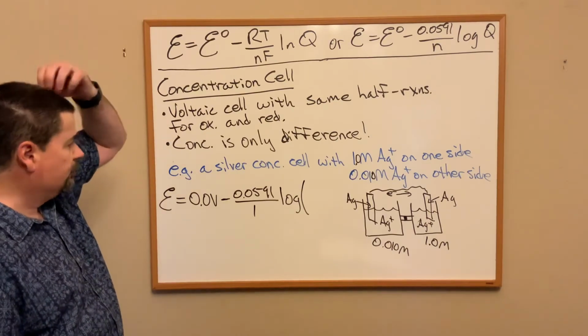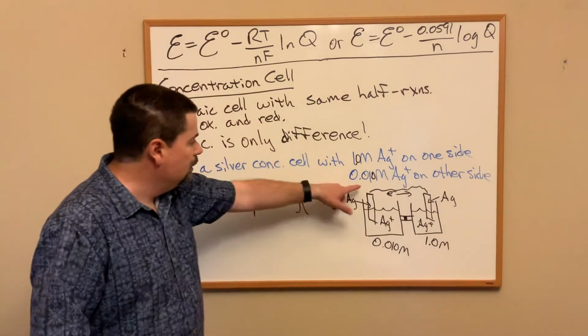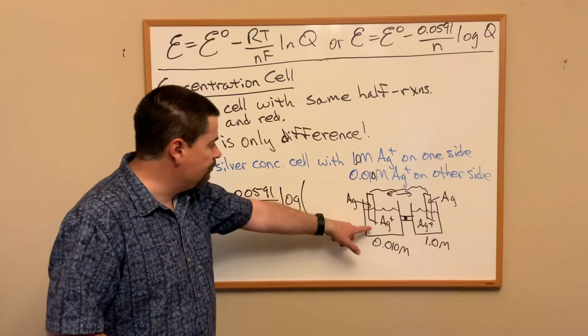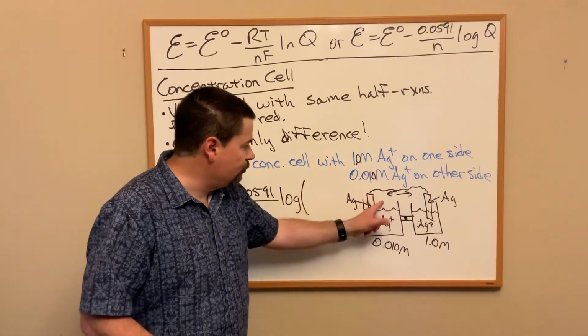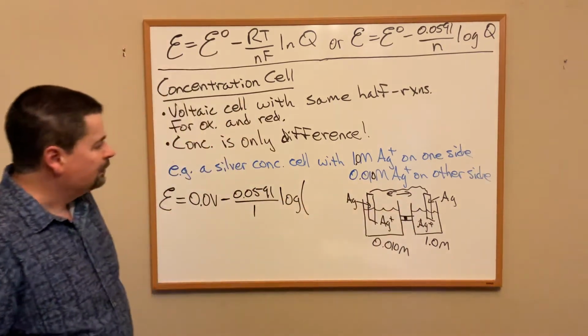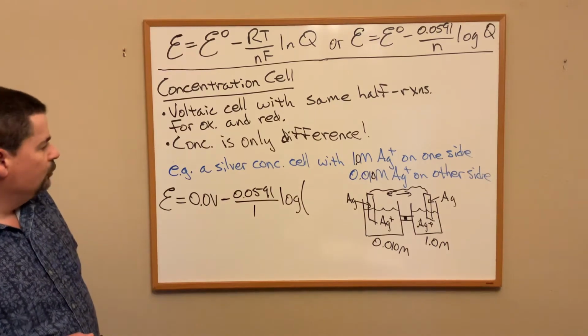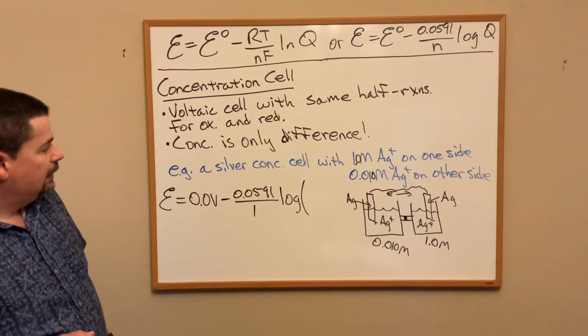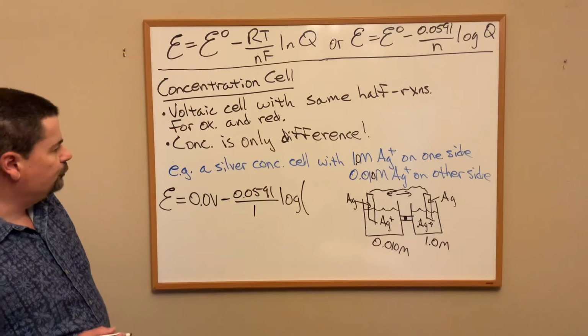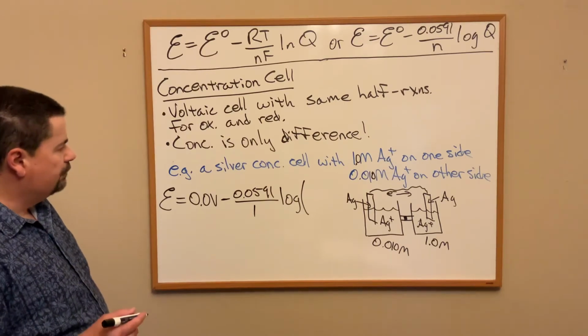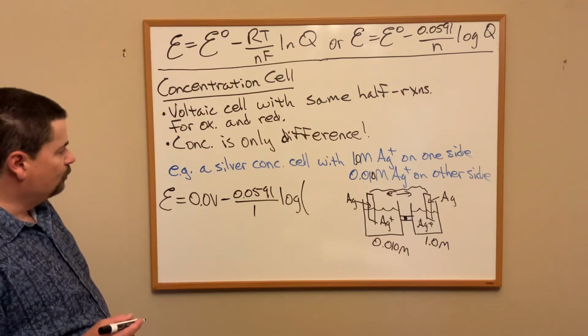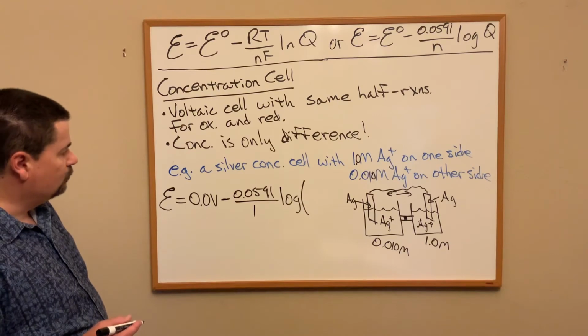Now we've already figured that the electrons are flowing from here to there. I'm just trying to remember which way we want to put in our numbers.